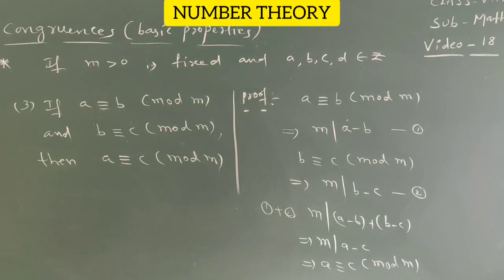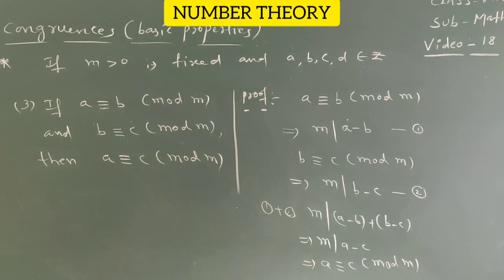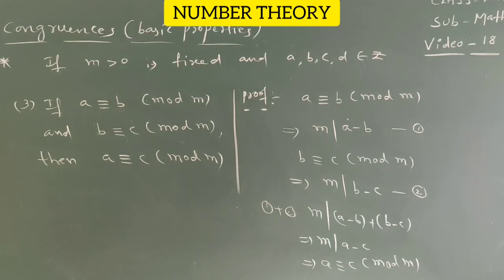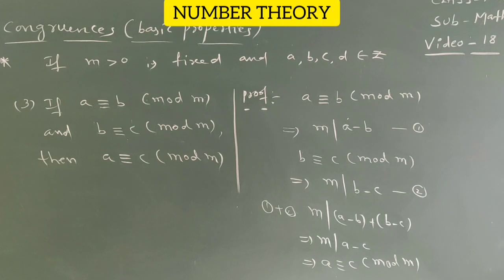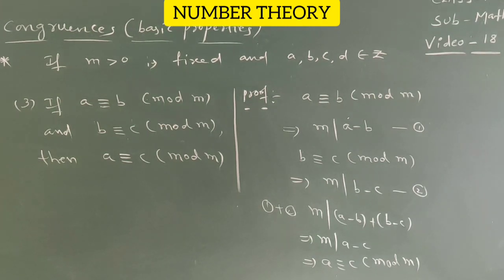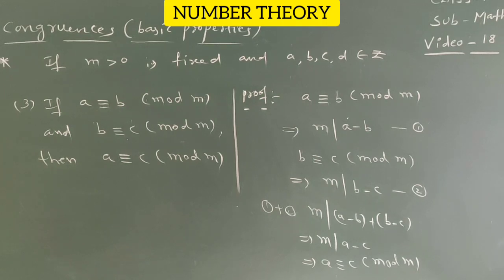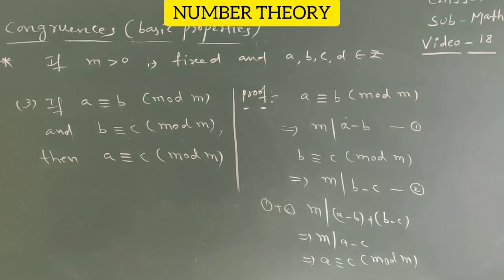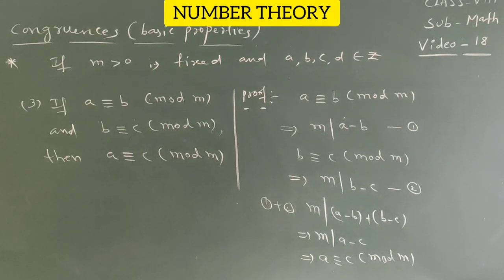If you add the first and second equations, you will get m divides a minus b plus b minus c. So minus b plus b get cancelled. m divides a minus c means a is congruent to c mod m. These are the refined statements. Listen carefully.